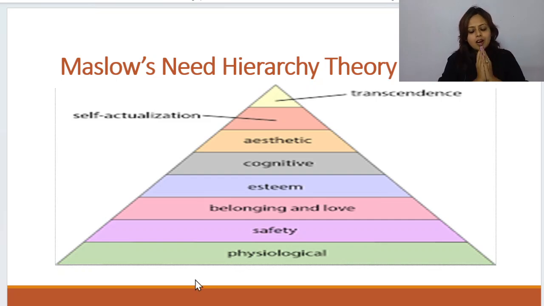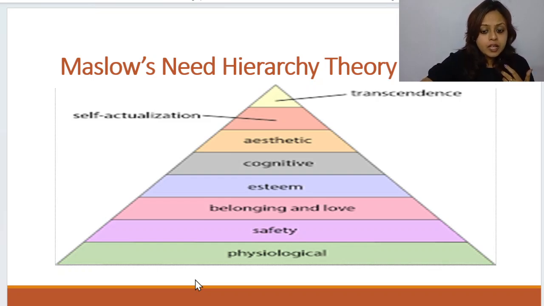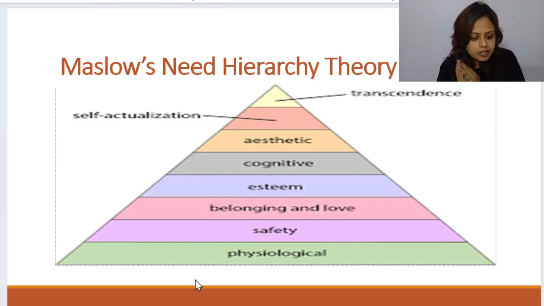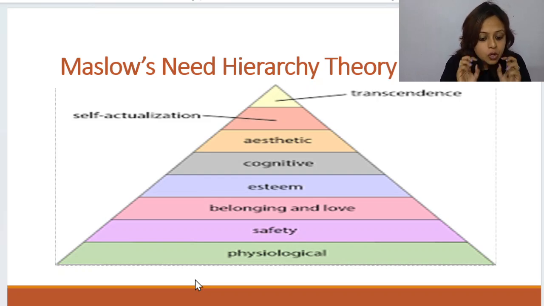So we not only need the basic things of our life for existence, but we also need people, we also need recognition, as well as more knowledge and more understanding of what we are coming across in the world. So this particular need is called the cognitive need.